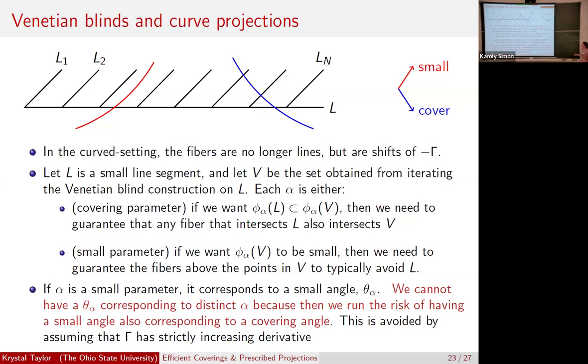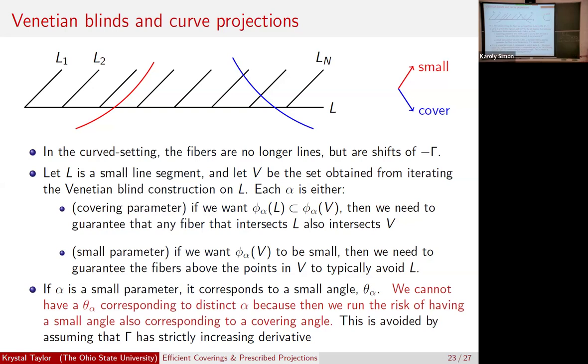For a covering parameter, we want the image of the blind set to cover the image of L. We don't want to change that property. So in this case, we need to guarantee that any fiber that intersects L also intersects the blind, which does present a few errors, which we'll get to eventually, but this is what we need to guarantee.